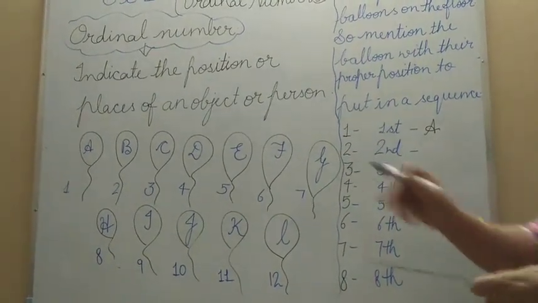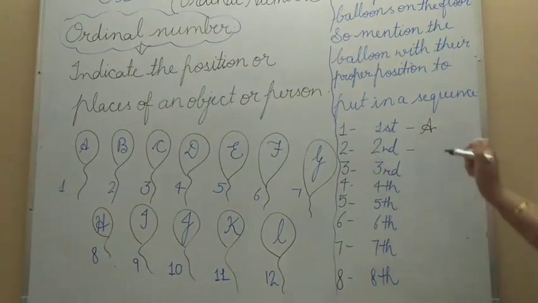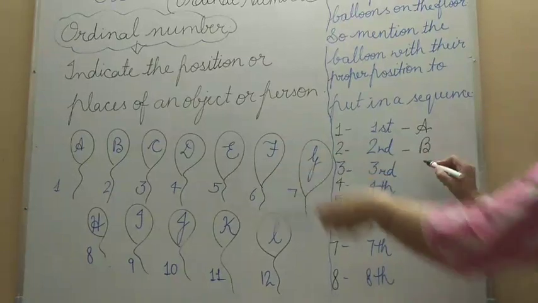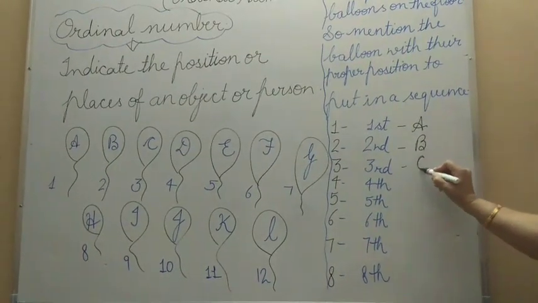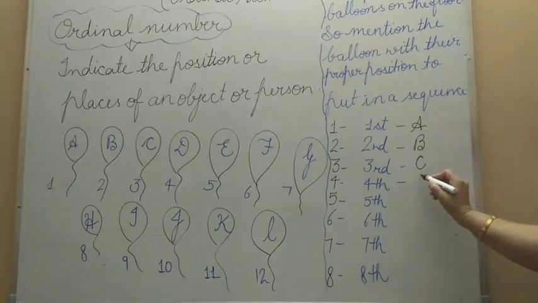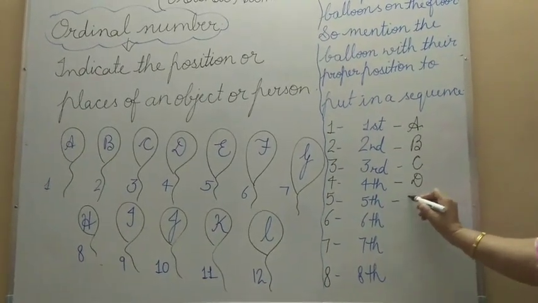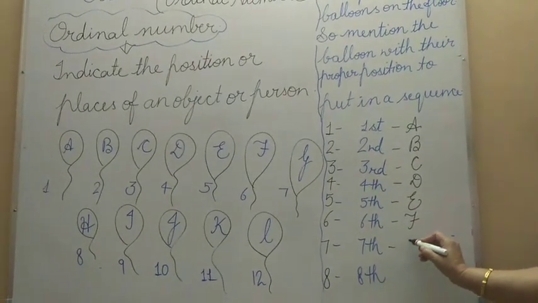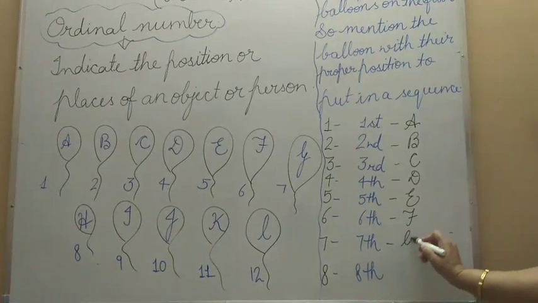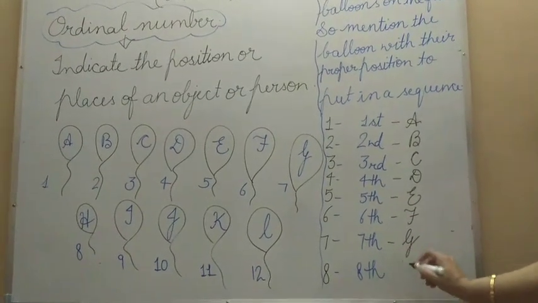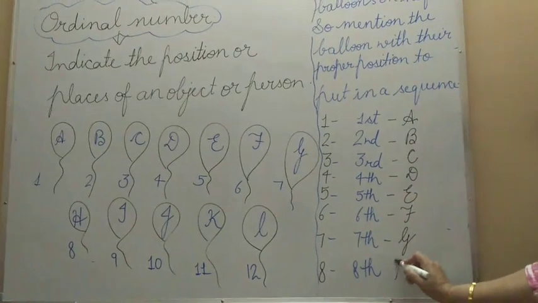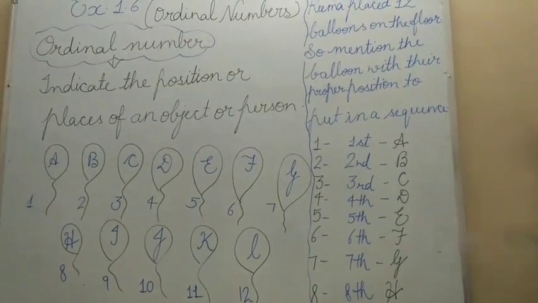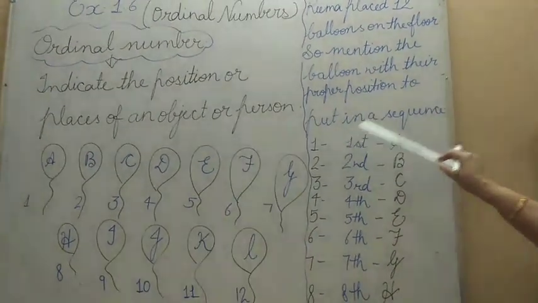Second number balloon is B, so we will write here B. Third number balloon is C, so we will mention here C. 4 number balloon D, 5 number balloon E, 6 number balloon F, 7 number balloon G and 8th position balloon is H. So in this way we can mention the balloons' positions by showing them as ordinal numbers.